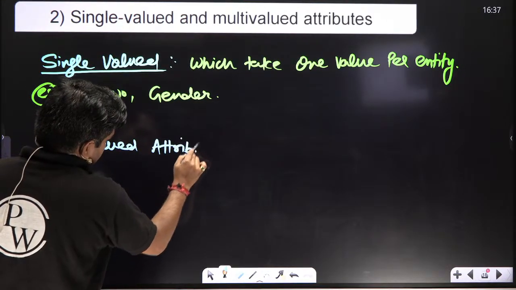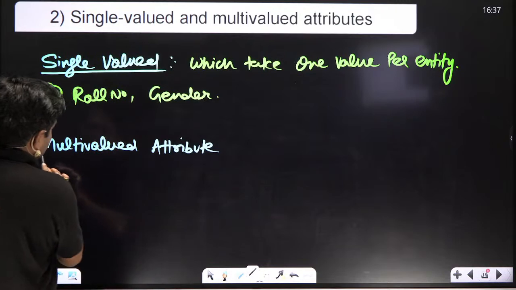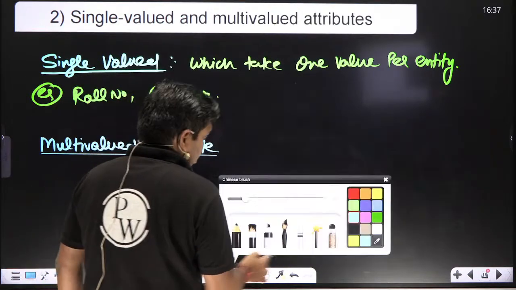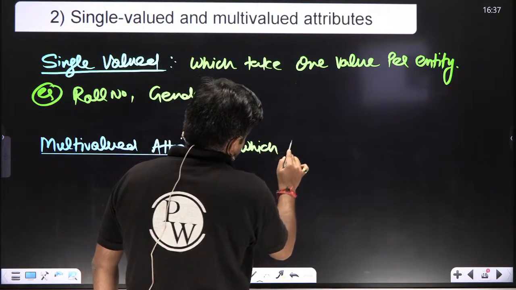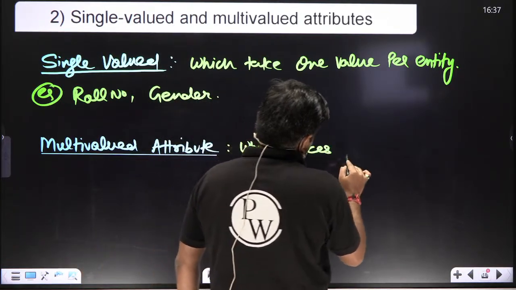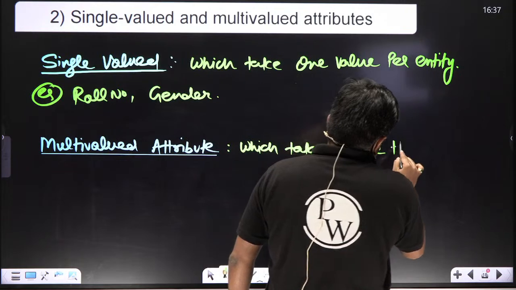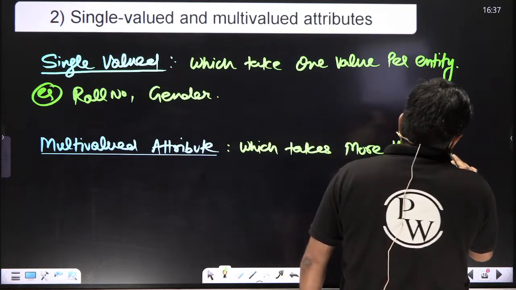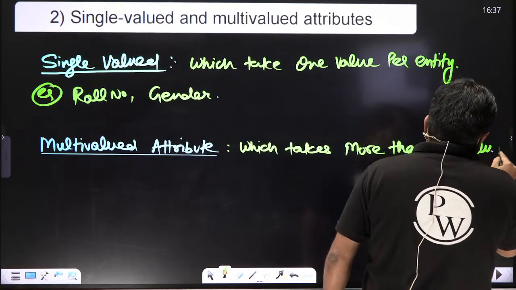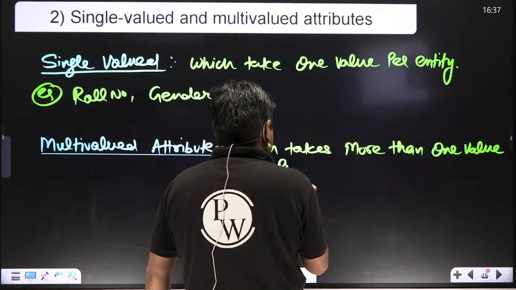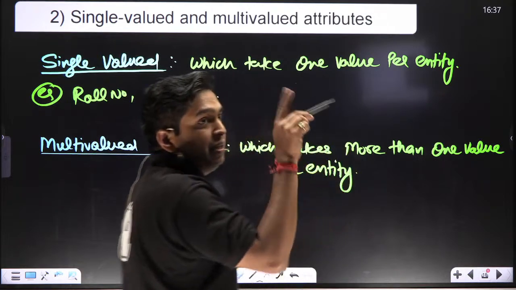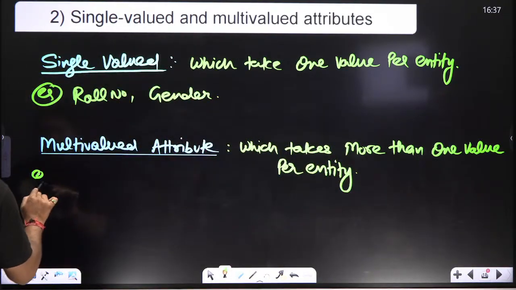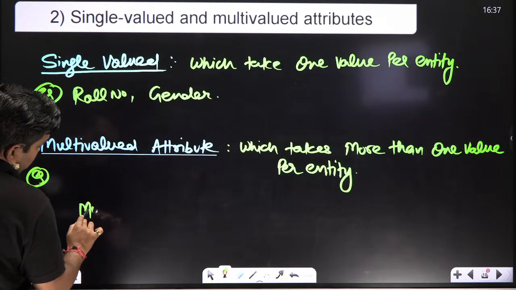Multi-valued attribute. What is the meaning of multi-valued? Which takes more than one value per entity. For example, mobile number.